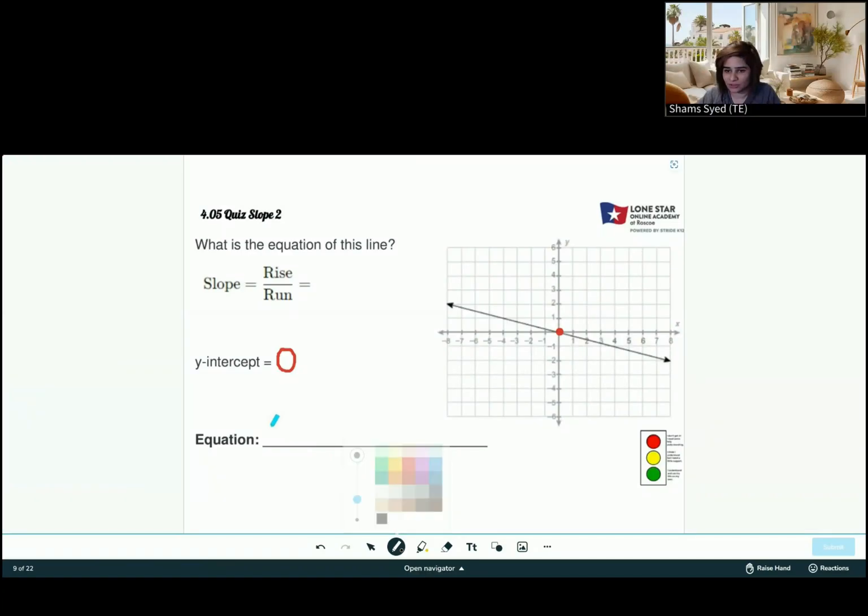So in the equation y equals mx, remember, m is your slope and goes here, but the add-on is a 0. Notice from here, the add-on is a 0. Okay, we will figure out our m.